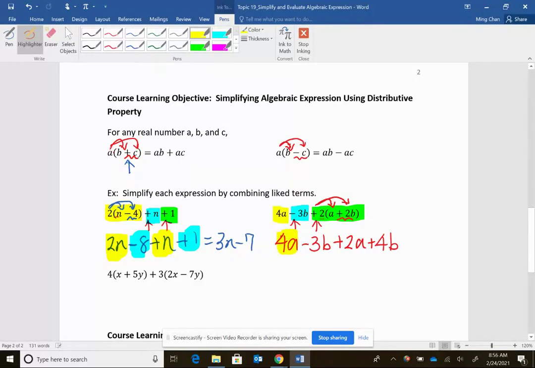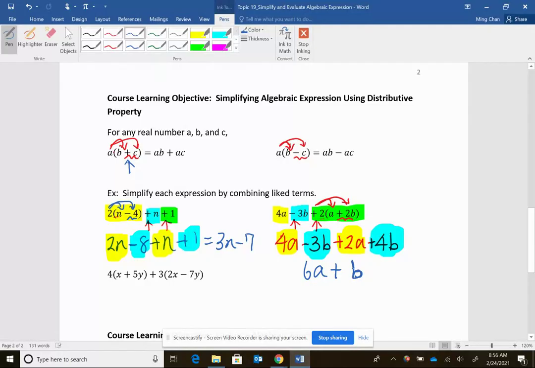So 4a plus 2a is 6a. Excuse me, 4b minus 3b, or you can say negative 3 plus 4, is positive 1b, sorry.